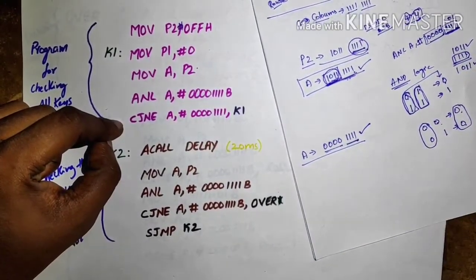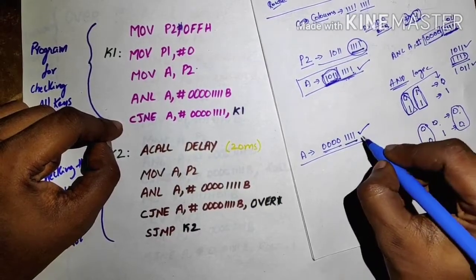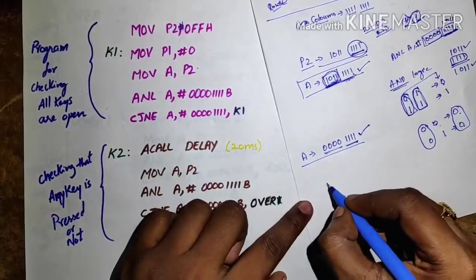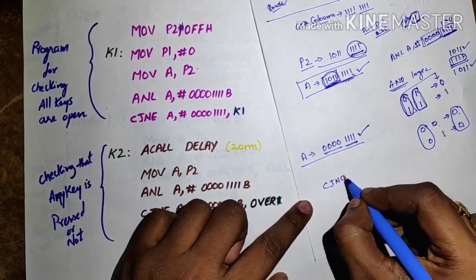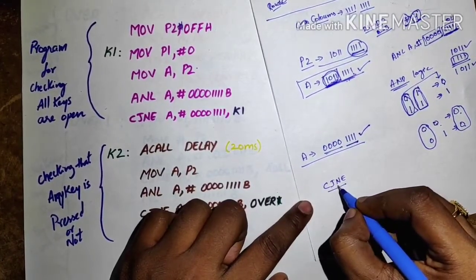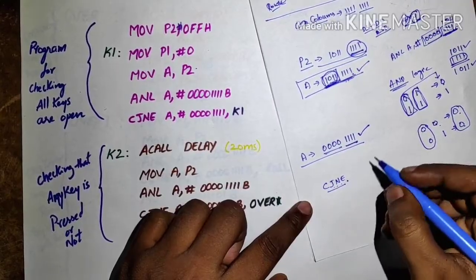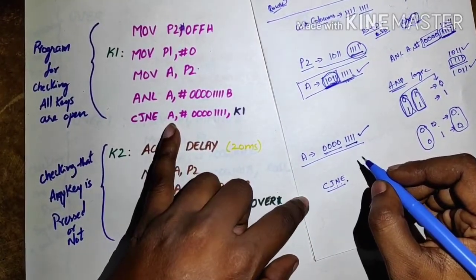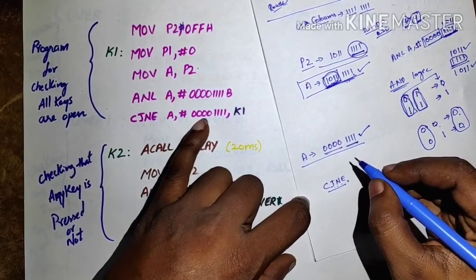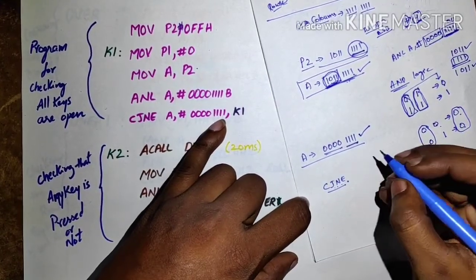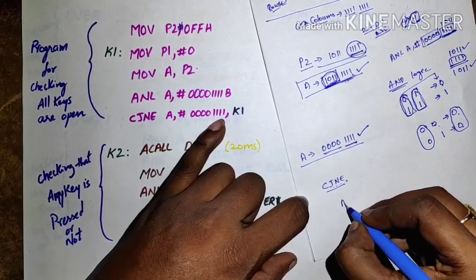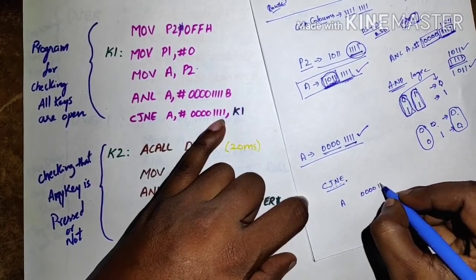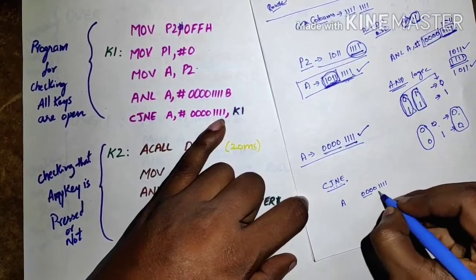Here again we are using CJNE, which means compare and jump if not equal. We are comparing the value of A with 00001111. Why are we taking this?